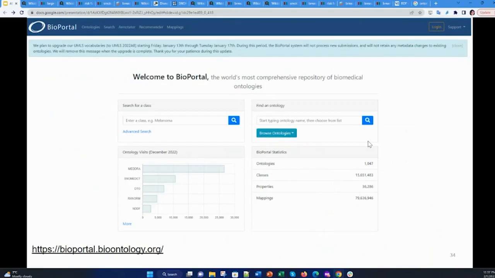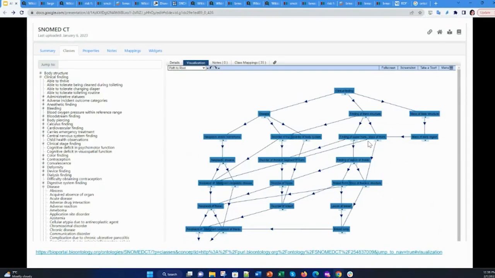Ontologies were widely used, and they were inspired by the biomedical domain. We can see in BioPortal, which is another useful resource, a collection of more than 1,000 ontologies related to the biomedical domain. And we also have mappings between these ontologies.